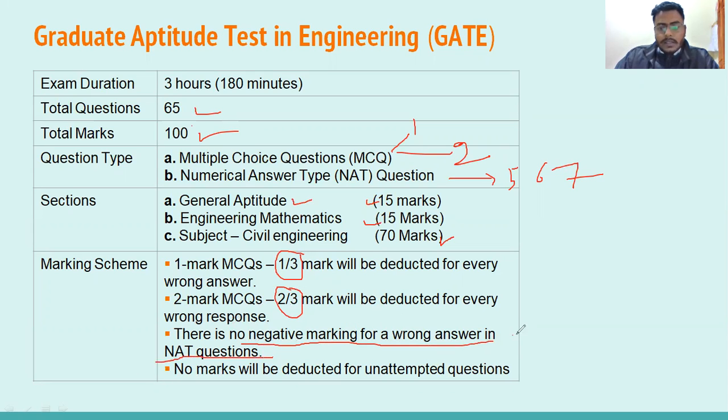Suppose the correct answer was 5 and you have written 8. This answer is wrong, but marks will not be deducted. There is no negative marking. And no marks will be deducted for unattempted questions. Suppose you have left some questions, your marks will not be deducted.